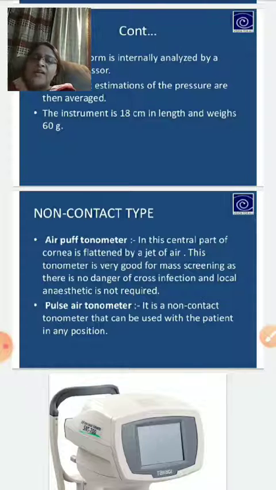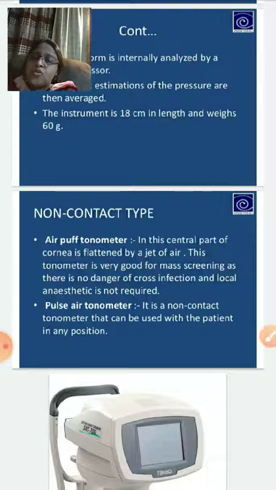Tonopen is a new device for measurement of intraocular pressure. For scarred corneas, thick corneas, and high astigmatism, non-contact tonometers are better. It is also used for mass screening procedures. So this is in a nutshell the tonometry and the types of tonometers we generally use nowadays.